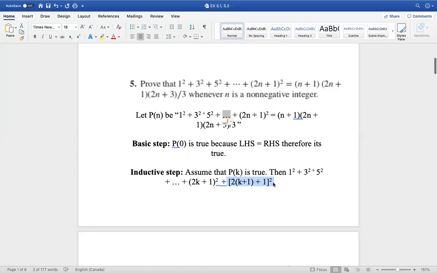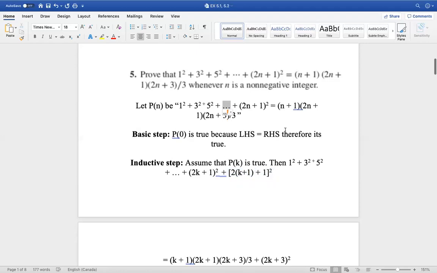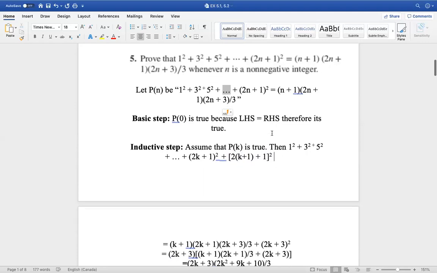And then now we have to prove that this also holds for P(k). So we have to make this new left hand side equal to this right hand side. So this right hand side, we basically replace n with k here. And then this is basically the added stuff that we added.